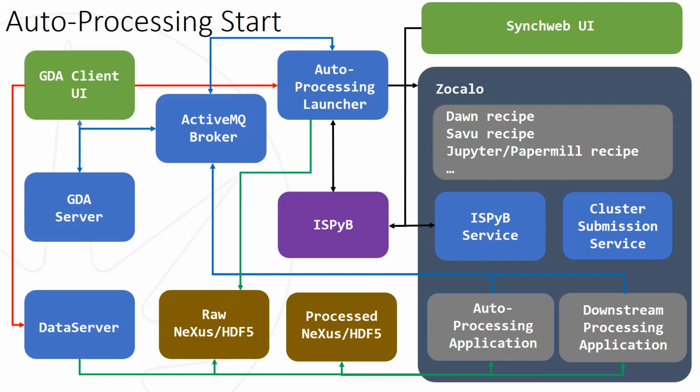It launches the auto processing applications on our cluster, so I can encapsulate the auto processing from our resources, which is really nice. Then the auto processing runs and talks back to the ActiveMQ broker, which can then tell the GDA client that there's more data in Nexus files. The GDA client talks to the data server, says, please give me information about the processed data, and we've joined our loop quite nicely.